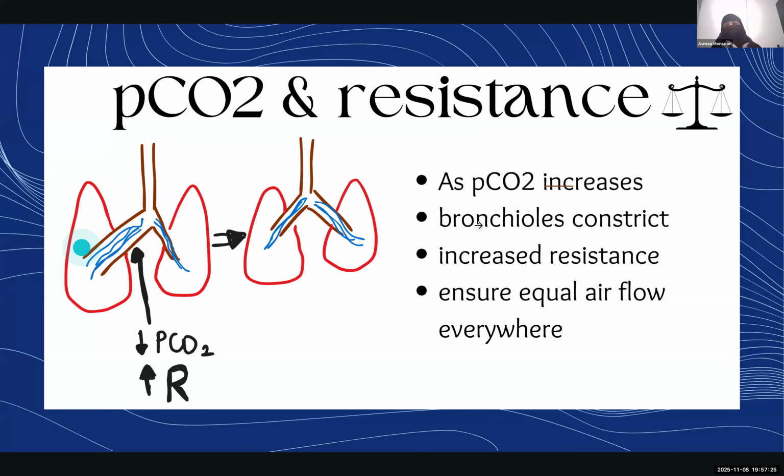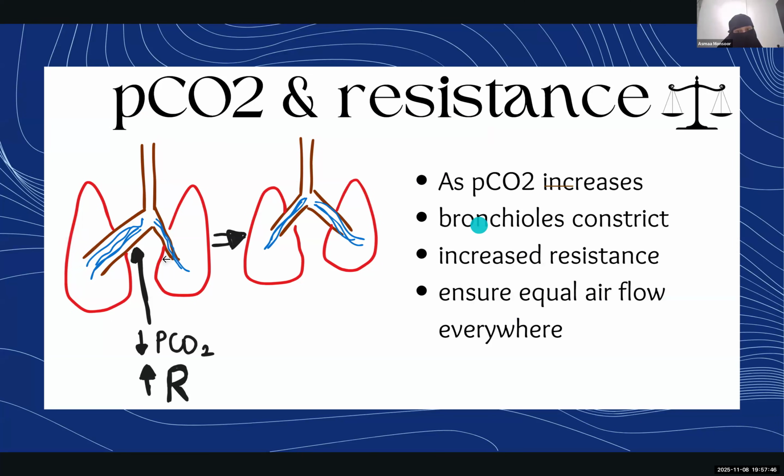So again, the partial pressure of carbon dioxide. See, if I'm going to take a deep breath in and deep breath out, the main reason I want to breathe in and out is to give oxygen to my body and to remove carbon dioxide. Am I right? In this lung, as you can see, one side of the bronchi is big or gigantic, which means more oxygen is going in here.